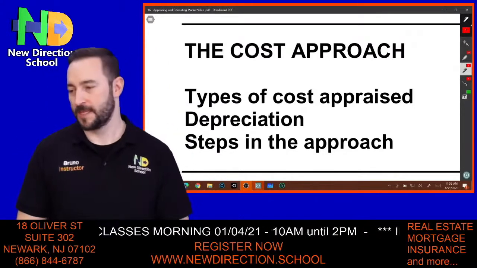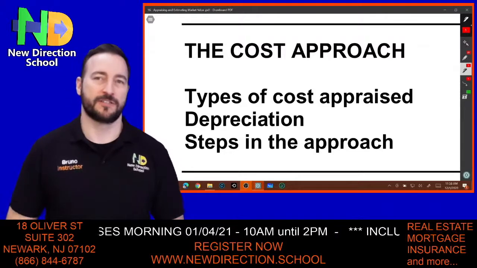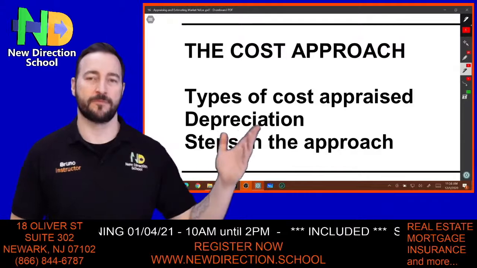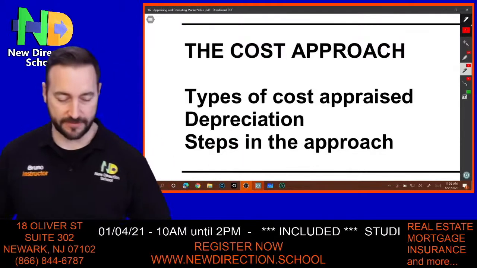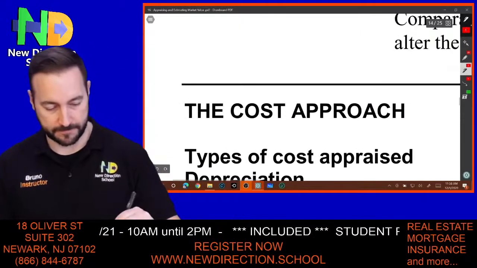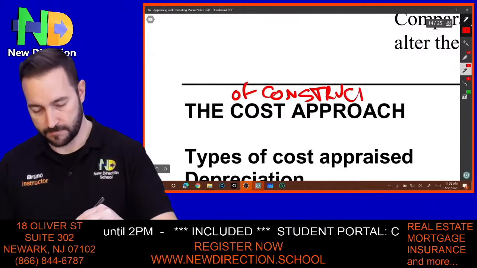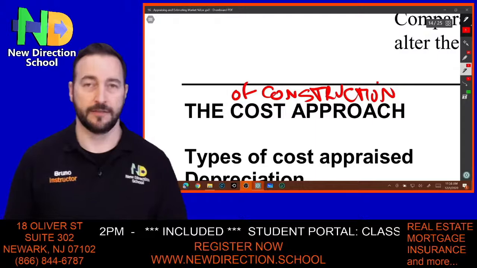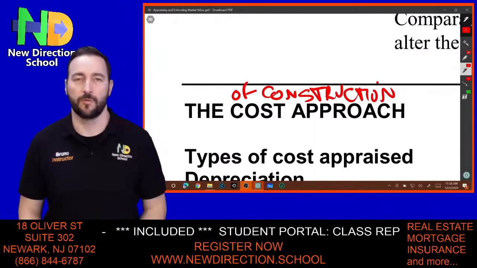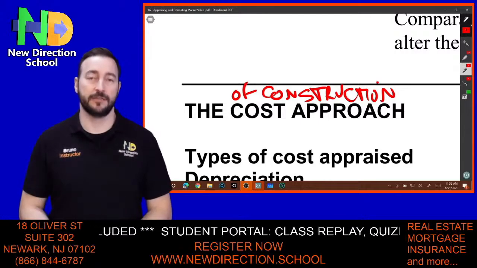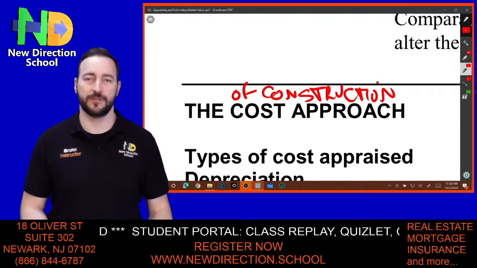So, cost approach. The sales comparison approach was looking at comparables in the market. The cost approach is looking at the cost of construction. If we're trying to rebuild something, how much would it cost to build it?